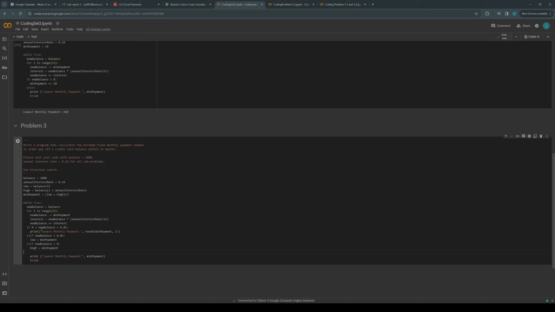So let's see. I can take this out for sure. I think we once again say payment is equal to low plus high divided by 2, in that while loop is what I'm understanding.